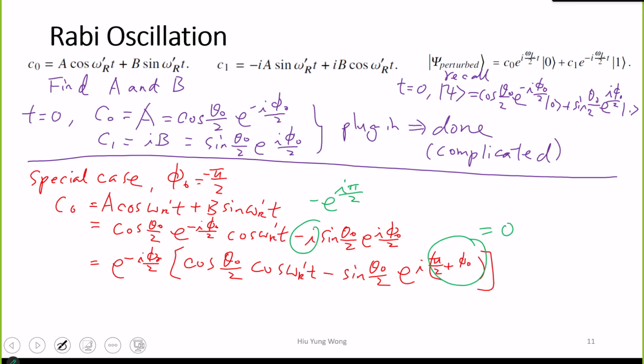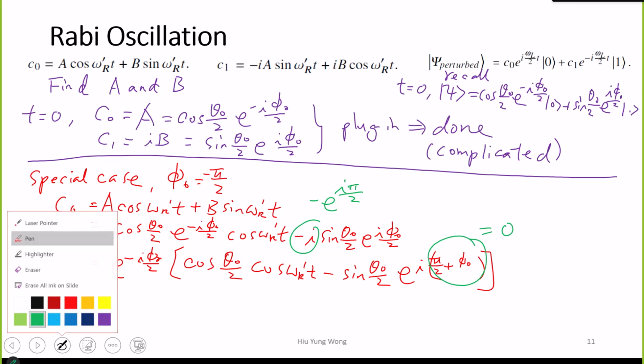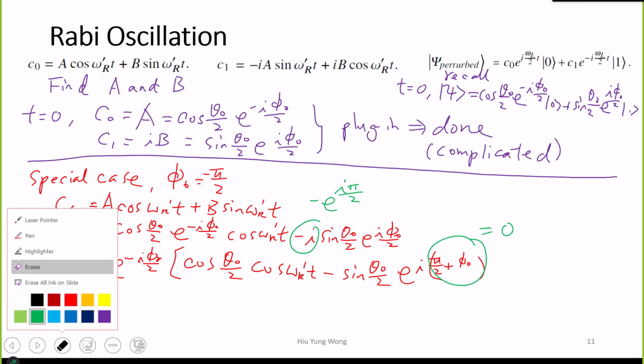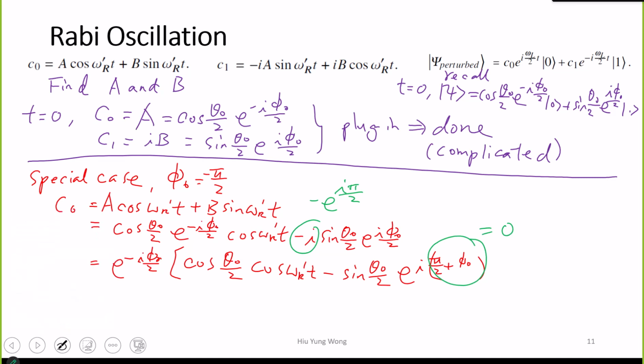With this, I think I'm missing the cosine omega. I also have to write down the term I missed, sine omega r dash t. This just uses the trigonometry equation. You see this is e to the power negative I phi naught over 2 times cosine theta 0 divided by 2 plus omega r dash t.